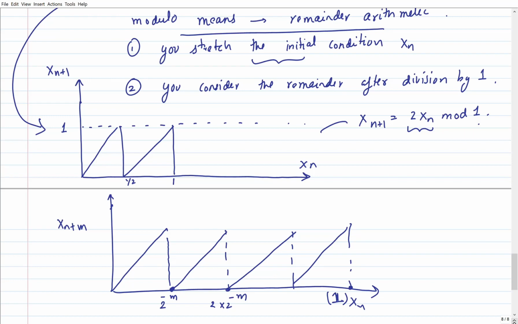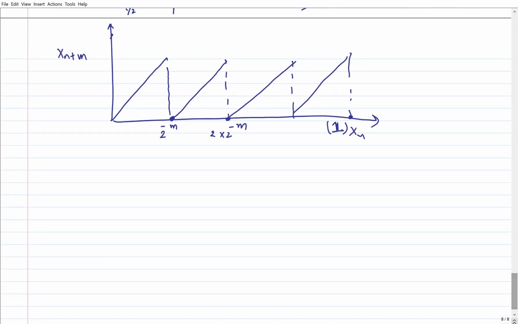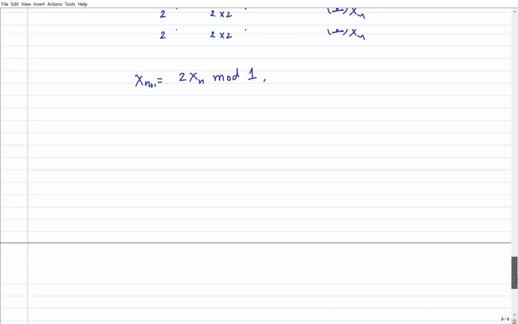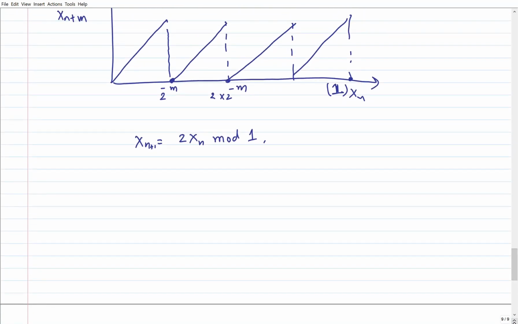So why is this map called the map on a circle? This is the mth iteration of the map on a circle. Well, you can regard the modulo arithmetic as follows: you can consider x to be an angle, and mod 1 is essentially completing the whole motion on a circle.